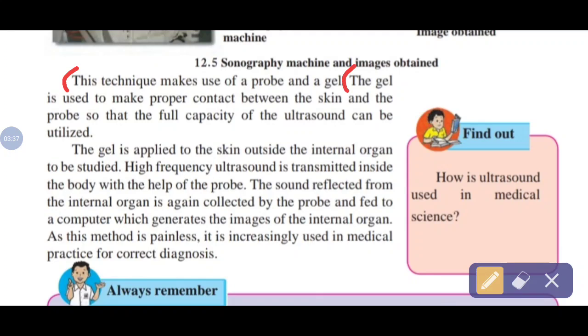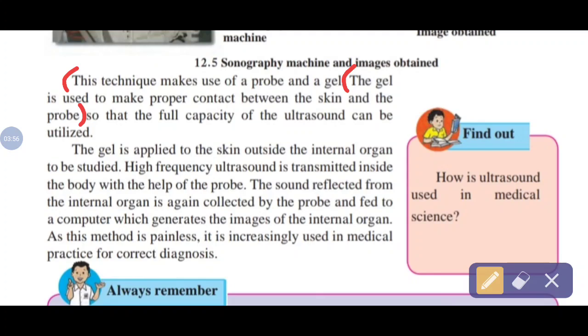Second point, the gel is used to make a proper contact between the skin and the probe. Up to here.